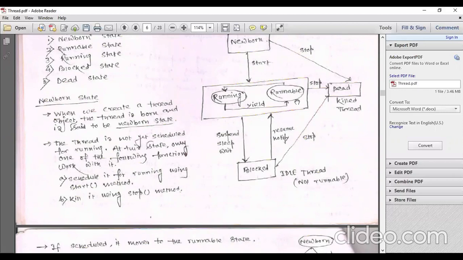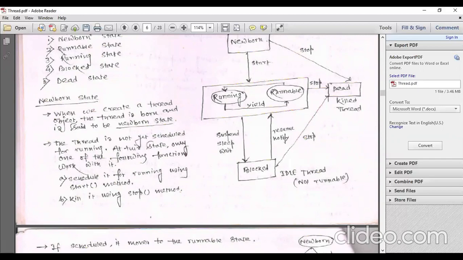So I hope you can understand the difference between these two states, running and runnable. The thread which already has the processor is in the running state. But if the thread is in the waiting queue, a queue is definitely maintained, because thread 1, then thread 2, then thread 3, again thread 1, or again thread 2.